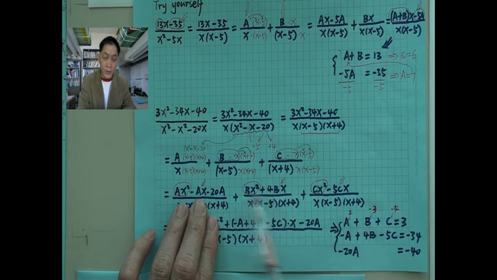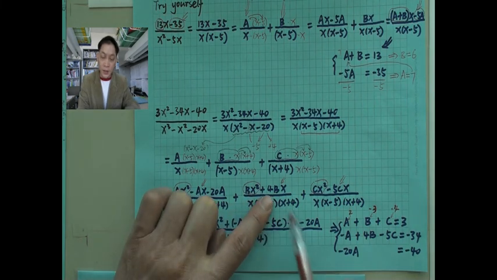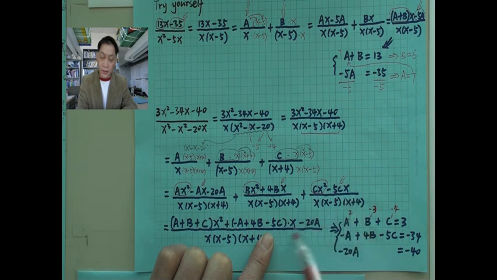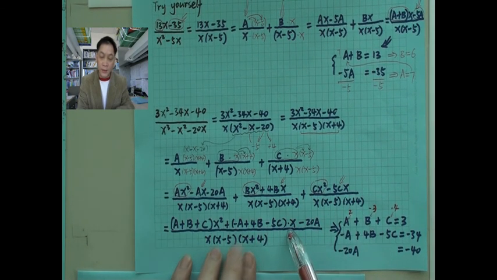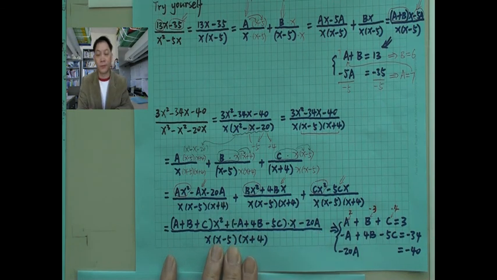We have 1, 2, 3 here. If you pull x out, we have negative a from here, plus 4b from here, and again negative 5c here. Now the constant one is negative 20a, right here.